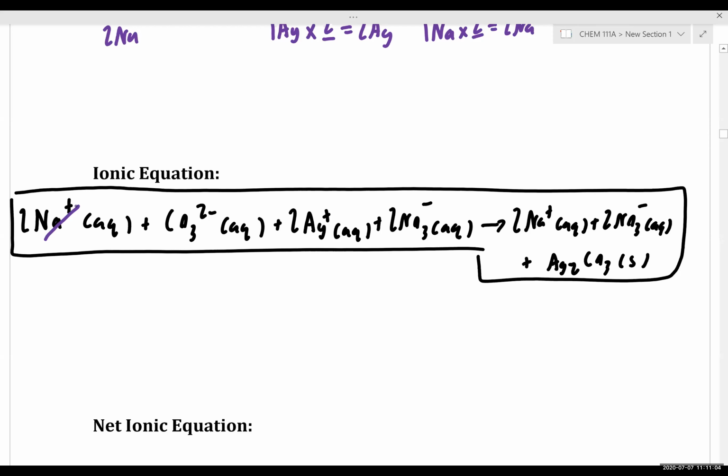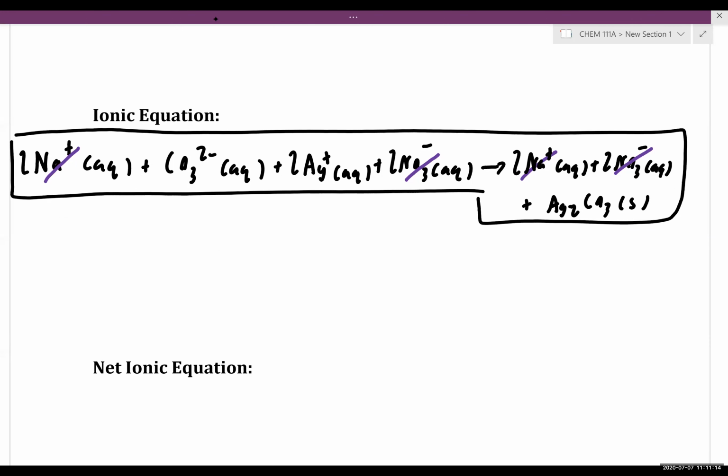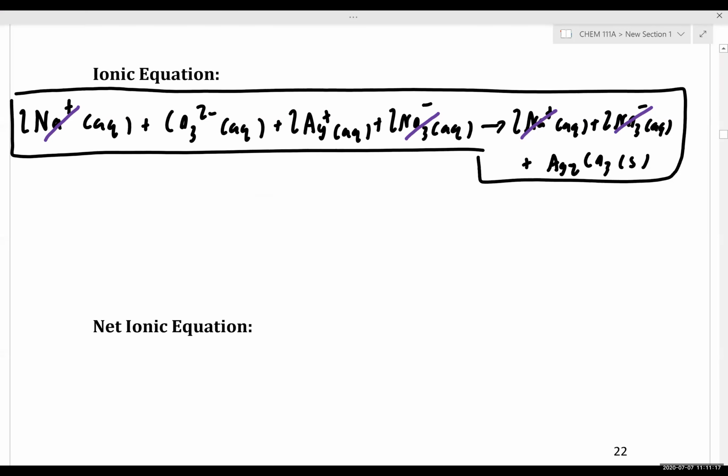Sodium, yep. Are there any other spectator ions? Nitrate. Good. Okay, so now we just write out our remaining ions as part of our net ionic equation. So we have CO3 2- aqueous plus 2 silver plus aqueous leads to silver carbonate solid.